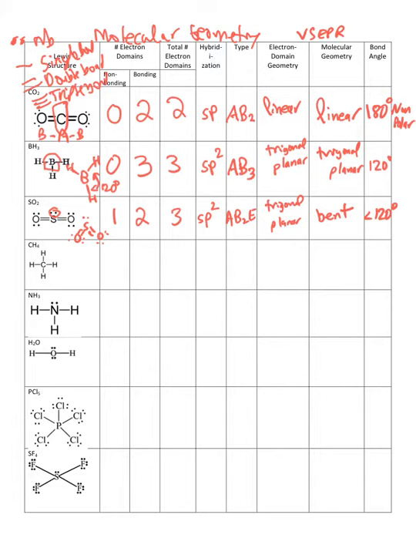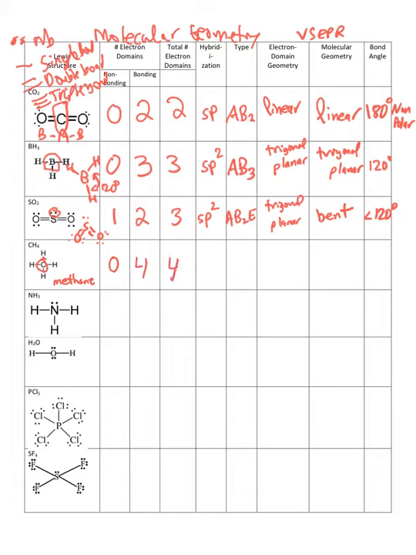The next molecule, CH4, is not carbon tetrahydride, although you might think that would be an okay name. It's a carbon-hydrogen molecule, which qualifies it as being an organic molecule, something that we call methane. The central atom is that carbon. It's got no non-bonding pairs of electrons on it. It's bonded to 4 hydrogens.